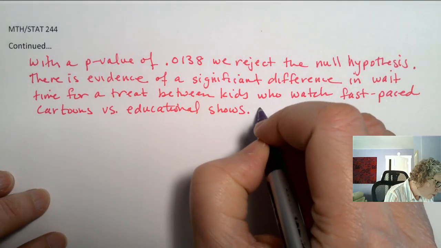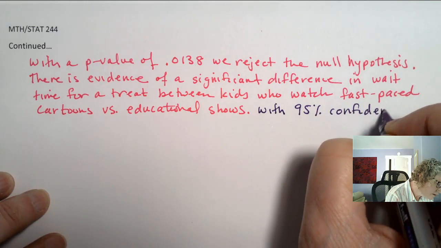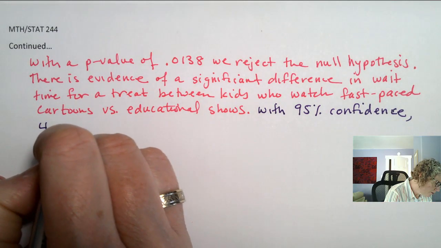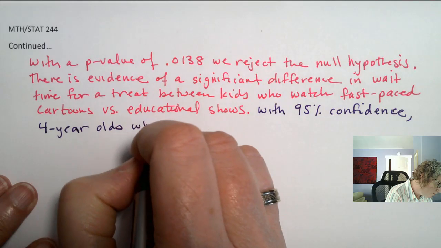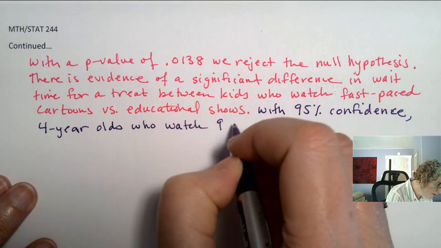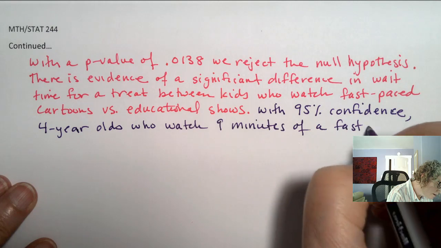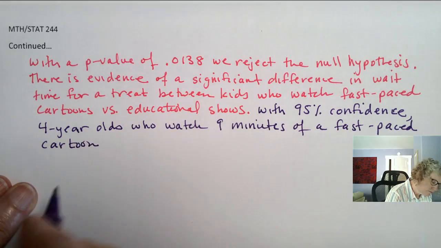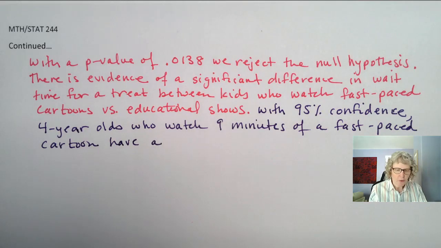So now we can say with 95% confidence, four-year-olds who watch 9 minutes of a fast-paced cartoon have a, and now I want to say blank to blank, longer or shorter average wait time, right?